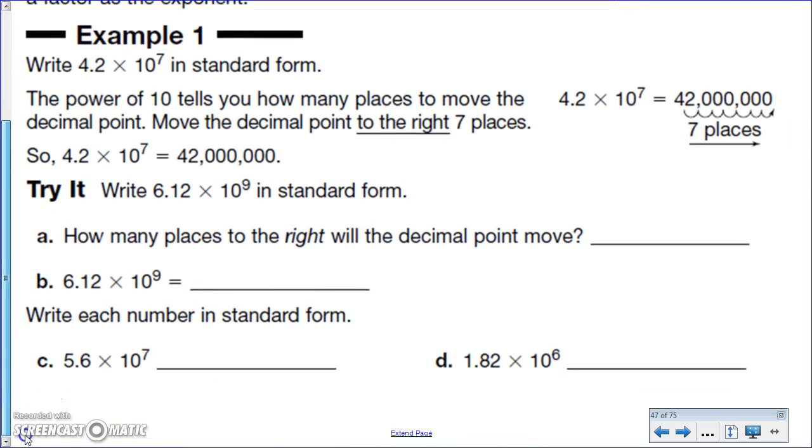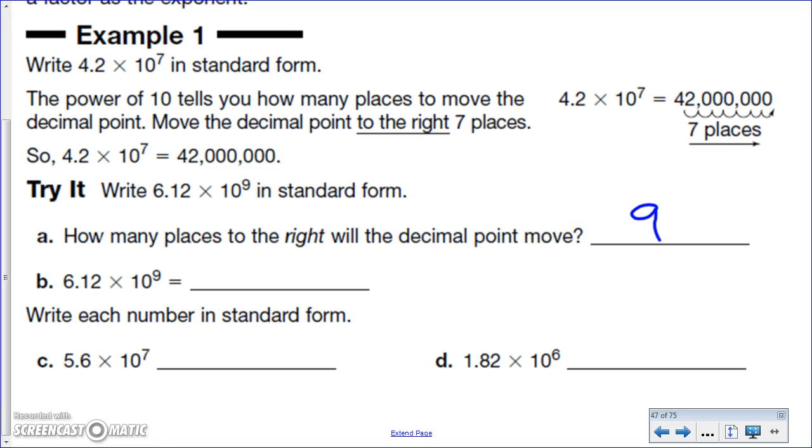For the try it here, they want us to write 6.12 times 10 to the 9th in standard form. So question A, how many places to the right will the decimal move? Well, the exponent is 9, so it's going to move 9 places. Then we need to actually move it out. So if we take 6.12 times 10 to the 9th, we're moving the decimal 2 places.